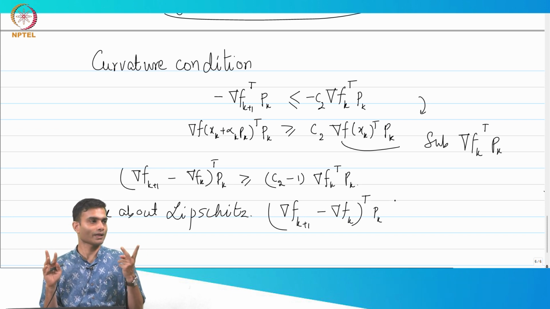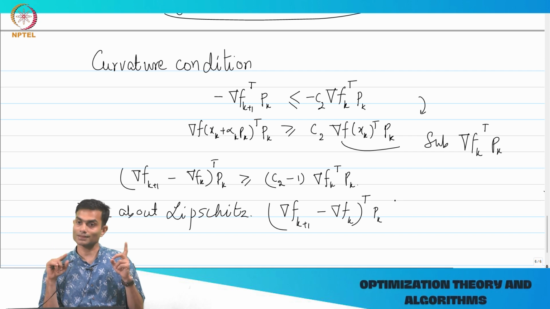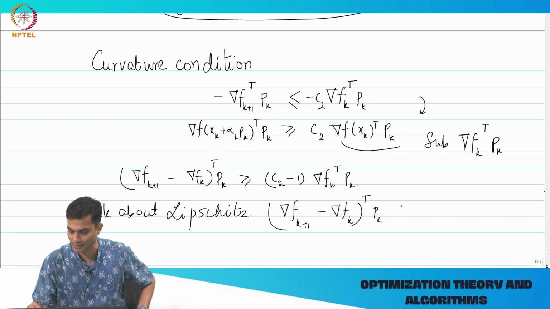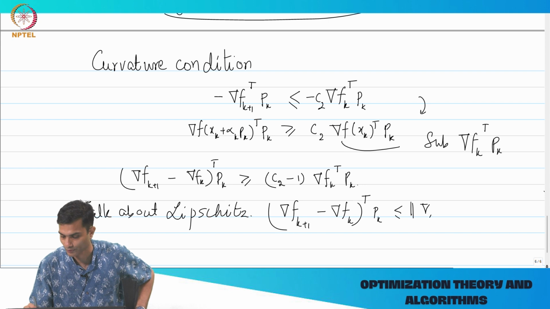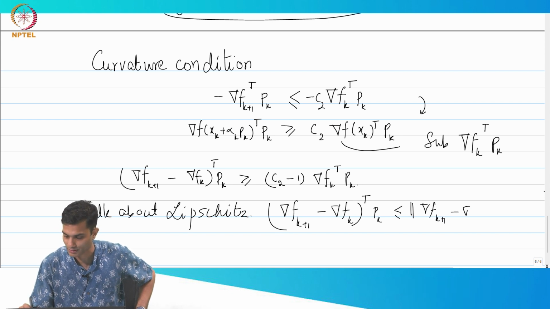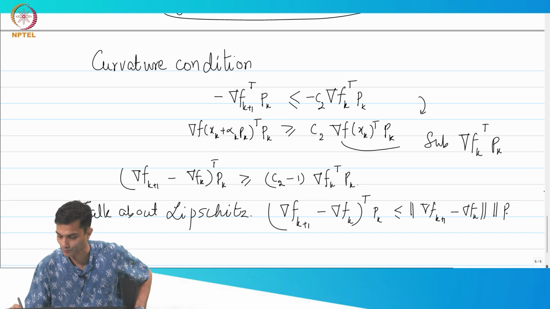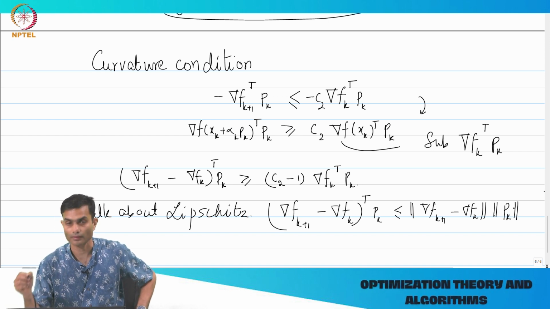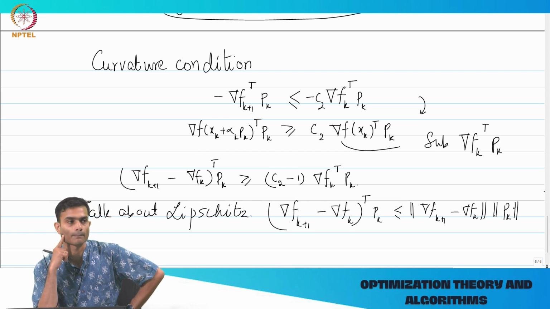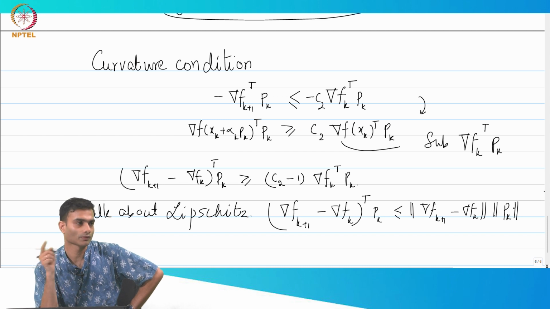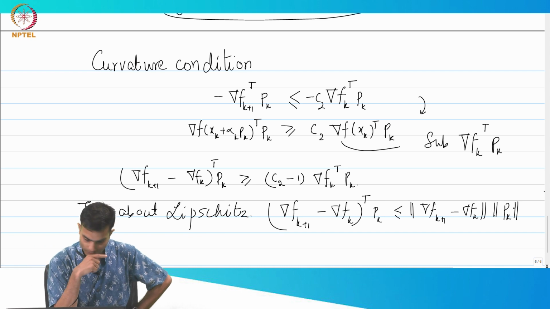The inner product of A and B, can I relate it to the norm of A multiplied by the norm of B? This is less than or equal to the norm of grad f k plus 1 minus grad f k multiplied by the norm of p k. Why? Because cos has magnitude between minus 1 and 1, so the term on the right is always going to be greater.